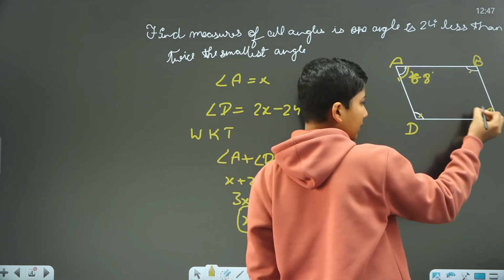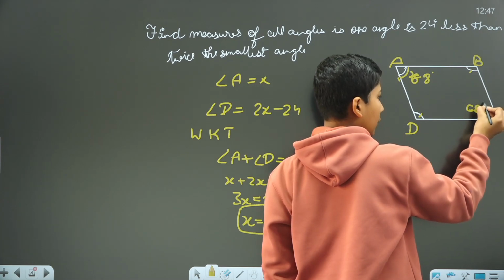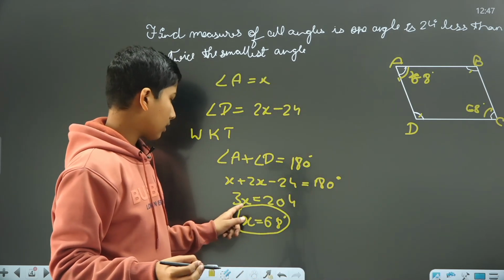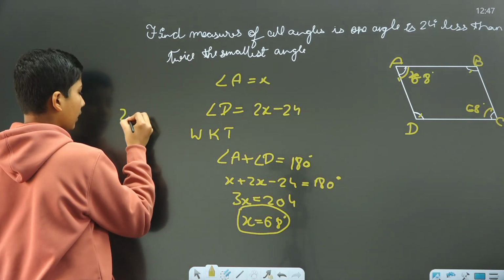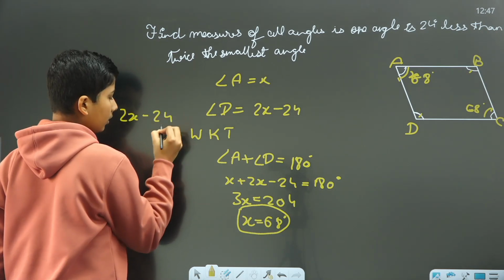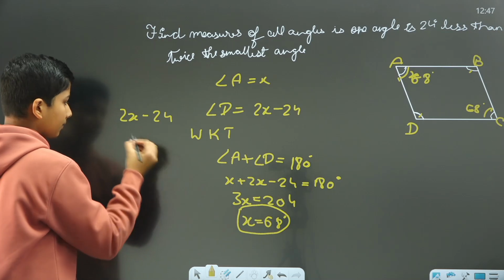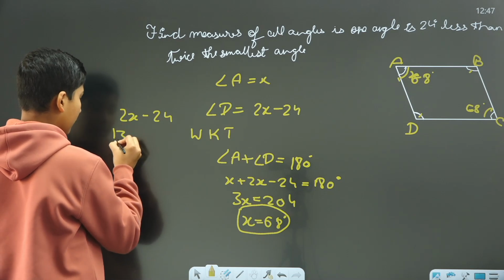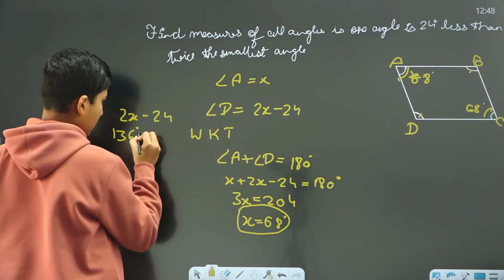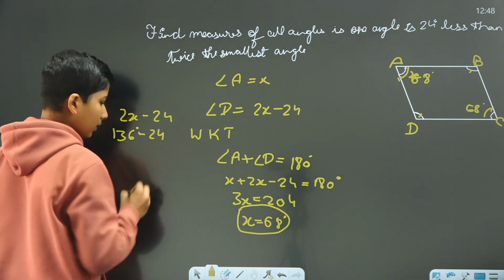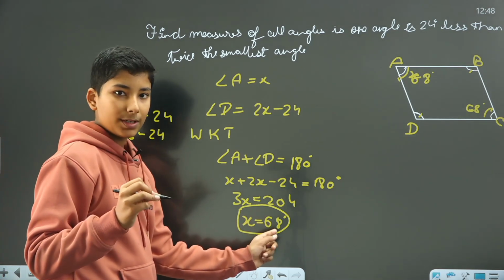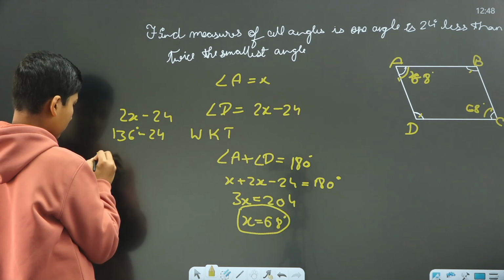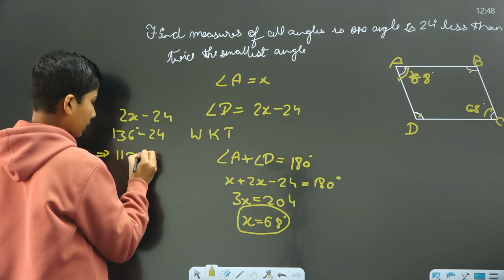Okay, this is also 68, because these both will be the same, and we know this angle will be 2x minus 24, where 2x means 68 into 2, meaning 136 degrees, minus 24, which is 112 degrees.